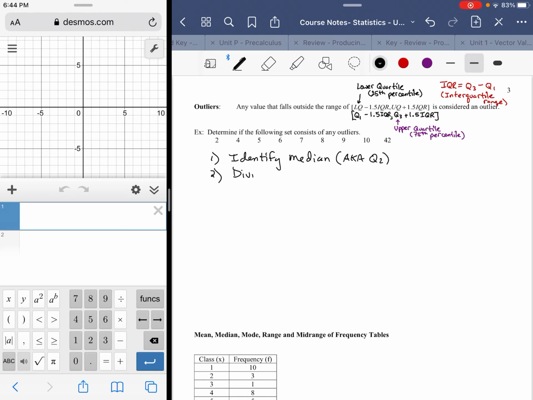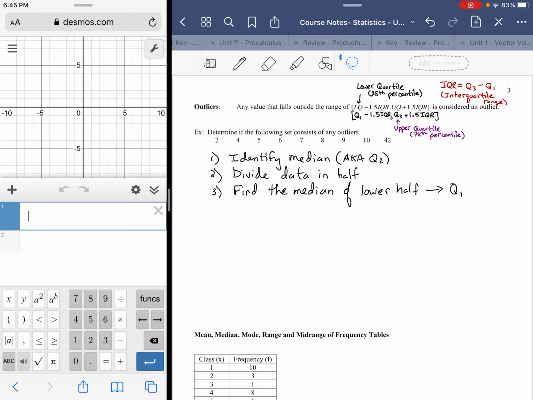All right. So then divide the data in half. Find the median of the lower half. That would be your Q1.